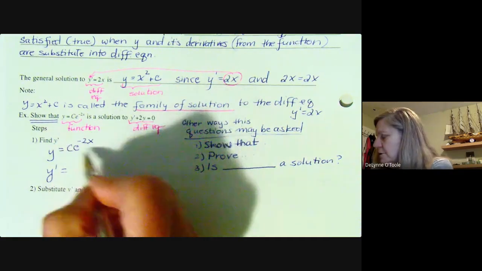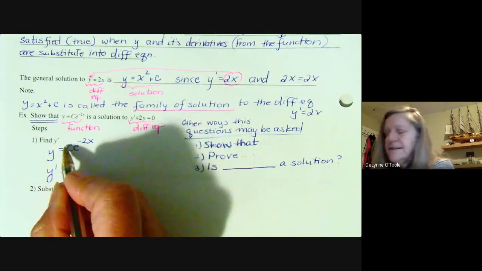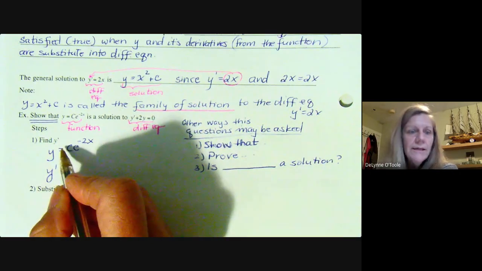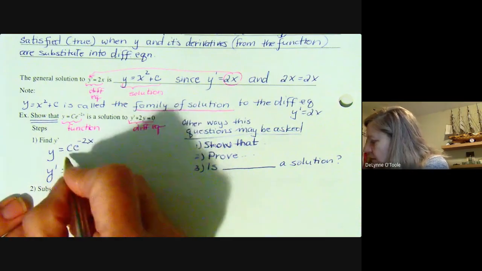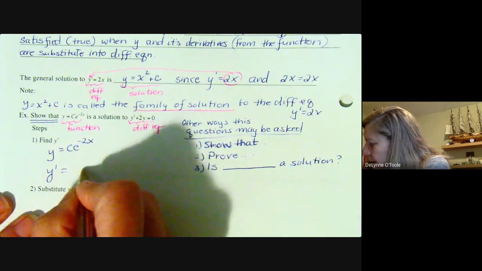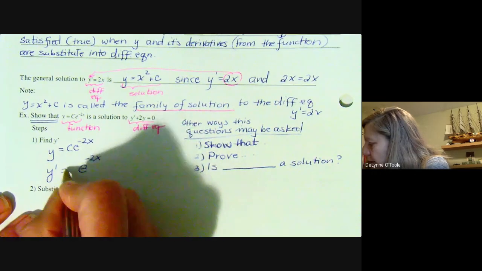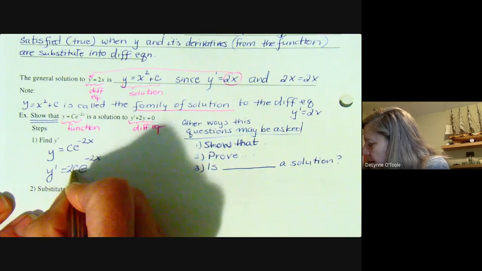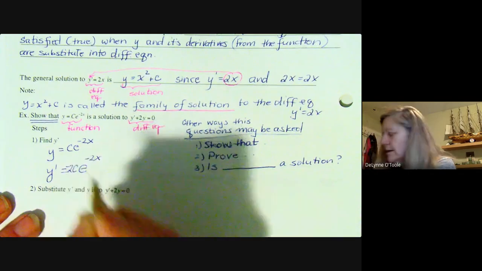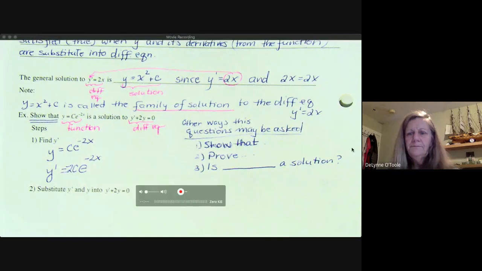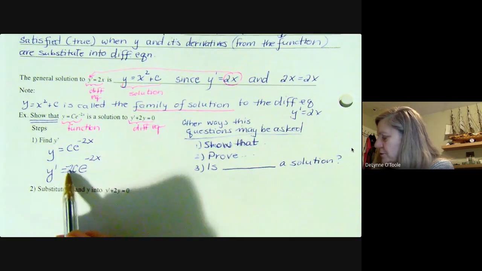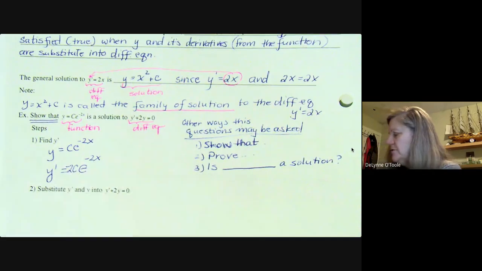So we're going to do e to the u prime. What about the c? Well, that's just a constant. We know constants come along for the ride, okay? So the derivative of e to the u is e to the u times u prime, and that c was there to begin with, so it comes along for the ride. Okay, so that says negative 2c e to the negative 2x.